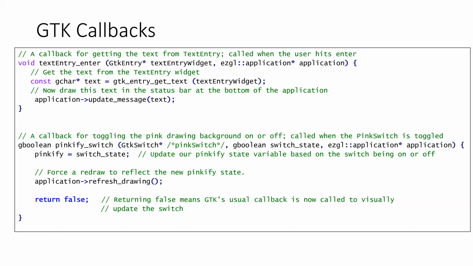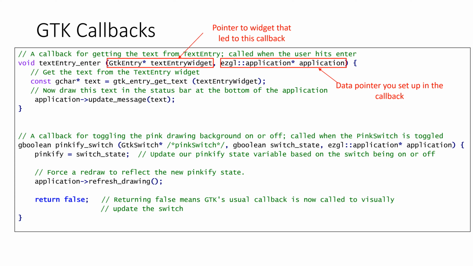Okay, so that was part of what I have to do. I have to hook up the callbacks in initial setup, and then I have to actually write the callbacks. And this is the code for the callbacks, which I already went through with you, right? It's not very complicated code. It just does whatever I should do when that event occurs. The callbacks get passed as their first input parameter a pointer to the widget, so that's helpful. You can now call the methods of that widget.